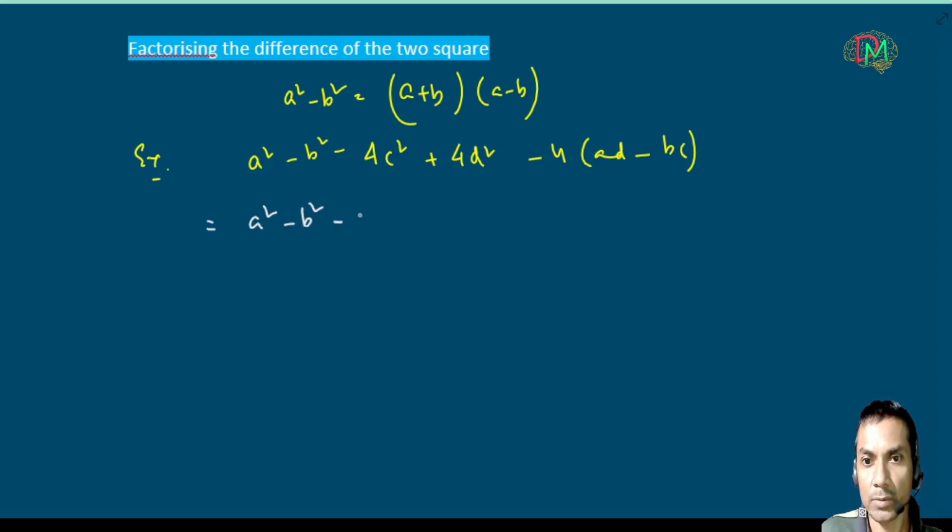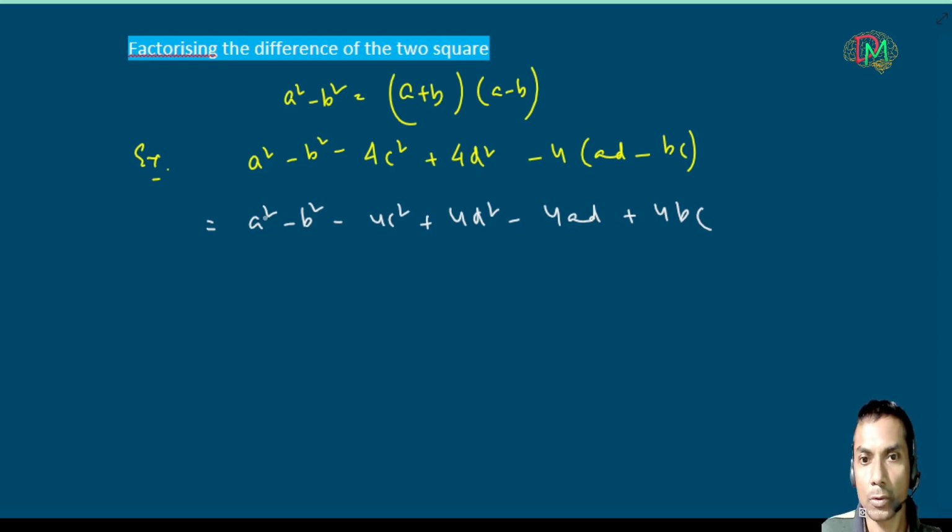a square minus b square minus 4c square plus 4d square minus 4ad plus 4bc.